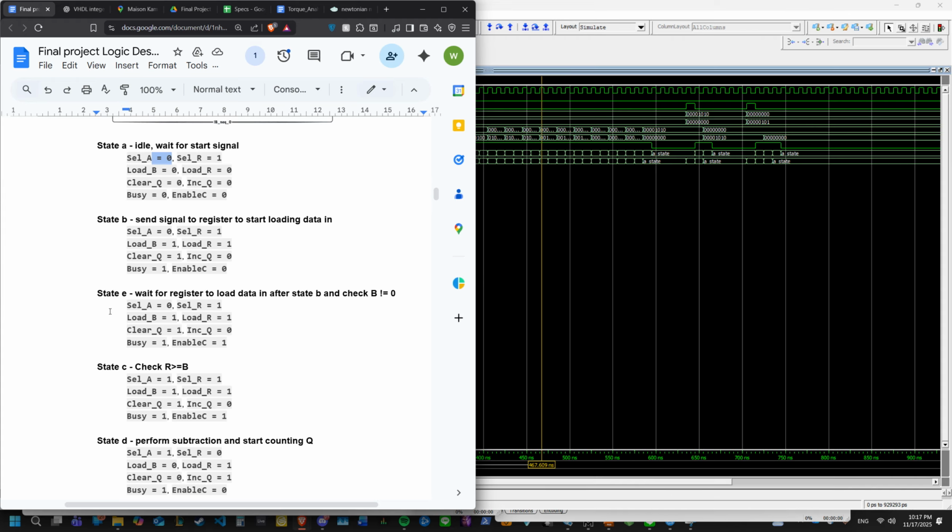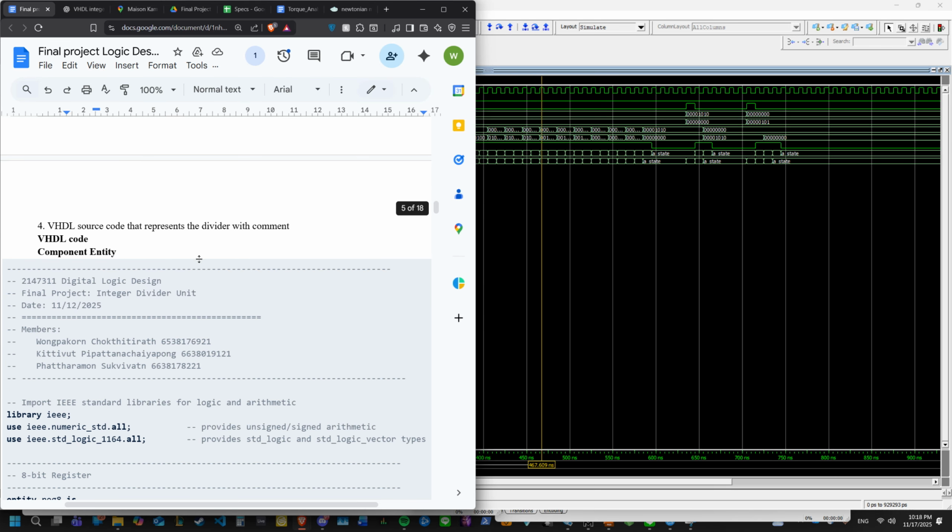For example, you load the data in after state B, and then you check for the zero condition.